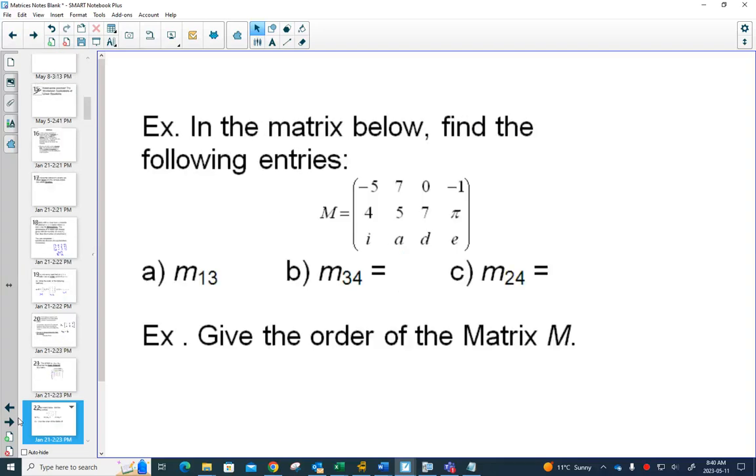So, taking that into consideration, write down the numbers for those three, and tell me the size of the matrix M. And how did you do? And the order, it has 3 rows, 4 columns.